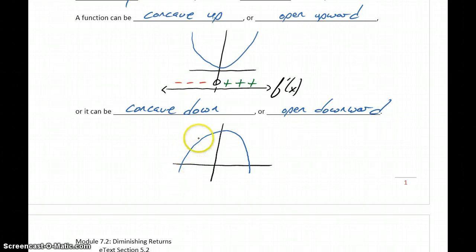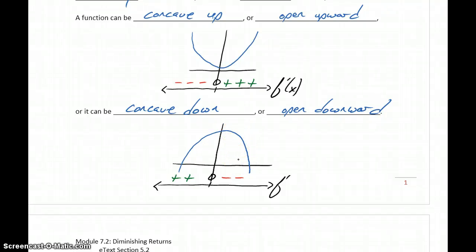So in this case, our curve is opening downward. And if we looked at the first derivative of our function, again, we'd have a critical value, and our function would be increasing for part of that curve, decreasing for the other part of the curve, but the entire time it's concave down.